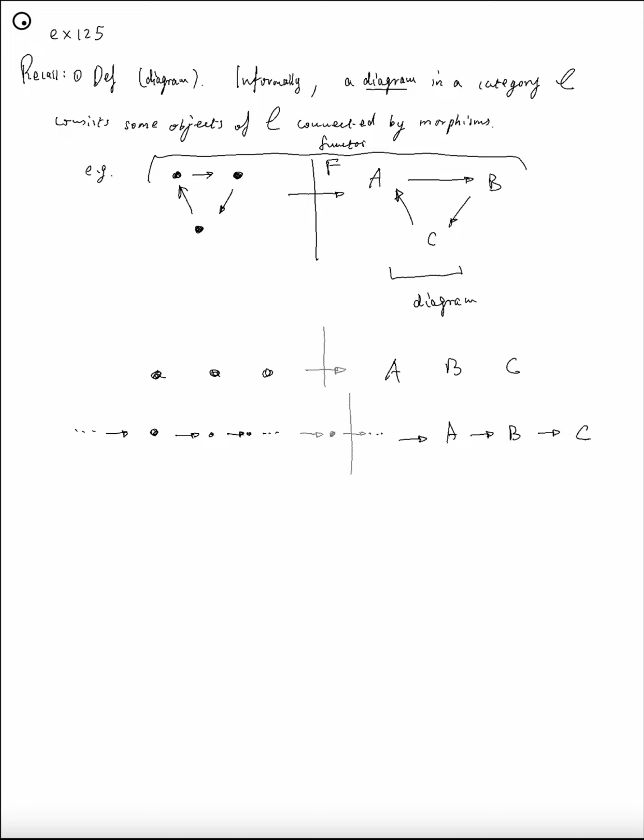Let me do it in this way. Okay, and other examples and the colimit. You could think of this, what I'm saying is that a functor of a certain shape, right?